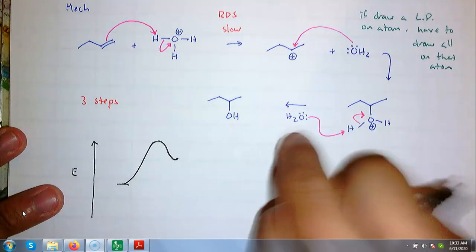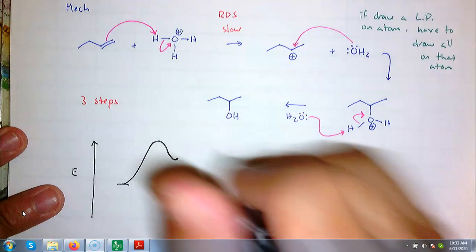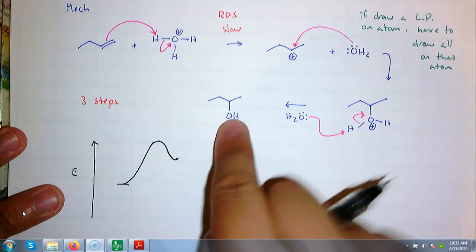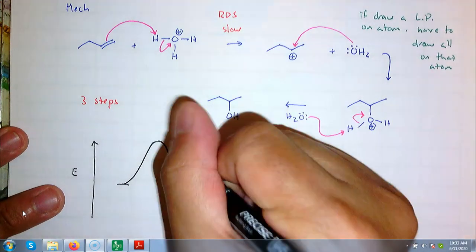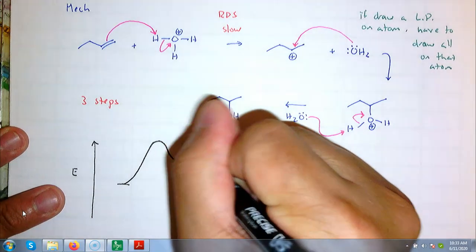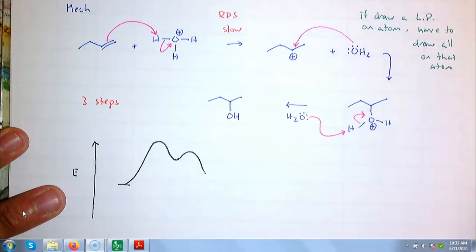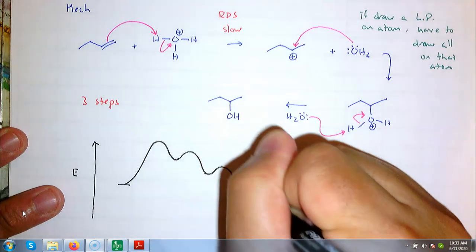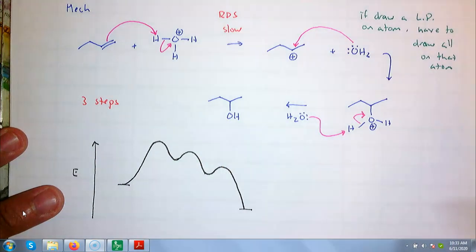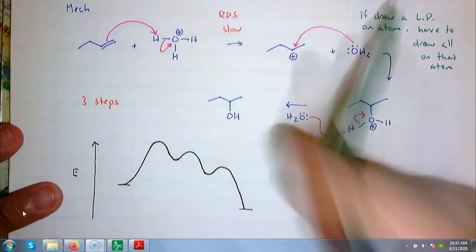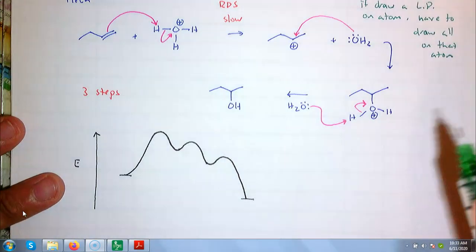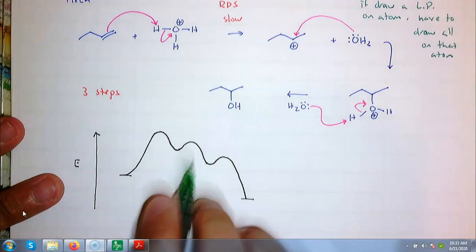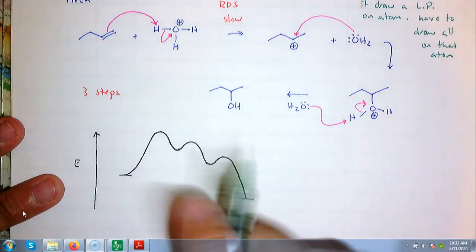The other 2 steps are pretty fast, and ultimately we are going to make a product that's lower in energy. So smaller hill, go a little bit lower, smaller hill, go low. You do have to know that they're smaller.